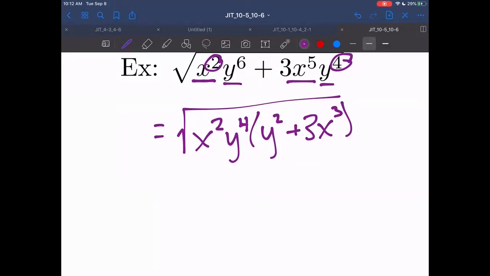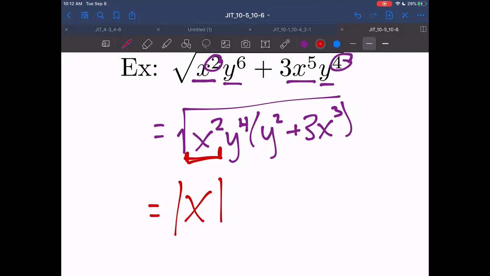Okay. Now, here's where that special case comes in. Because I've got the square root of x squared, and that would cancel to an exponent of 1, or because it cancels completely, we have to write this as the absolute value of x. Okay.